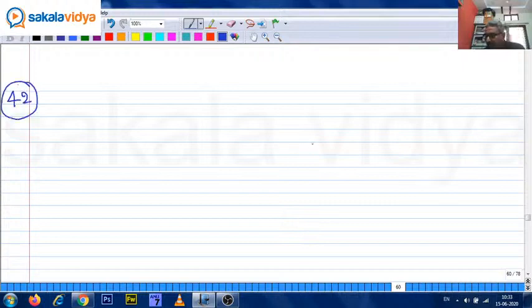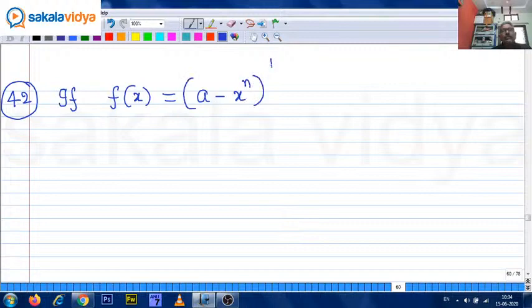Question number 42. This is a very important problem I am going to discuss, because this question might have appeared many times, because I have been observing for the last 28 to 30 years. See, if f of x equals a minus x to the power of n whole to the power of 1 by n, where a greater than 0.